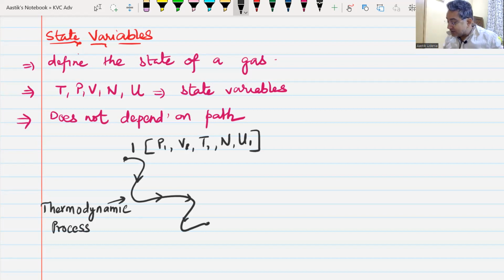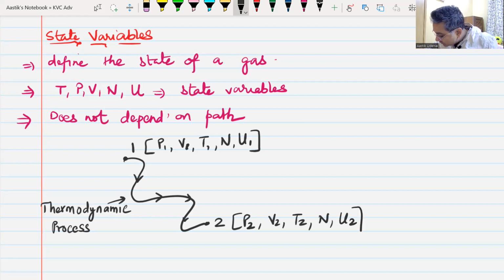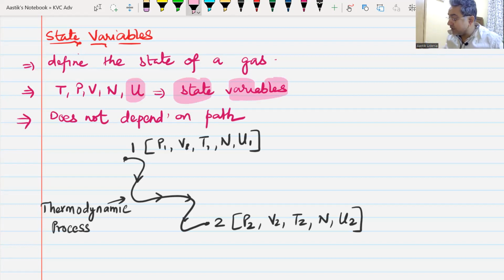So I'm going to change the state of this gas from state 1 to state 2. Pressure becomes P2, volume becomes V2, temperature becomes T2, number of moles remains the same, the energy becomes U2. Internal energy of the gas is a state variable. It does not depend on the path.